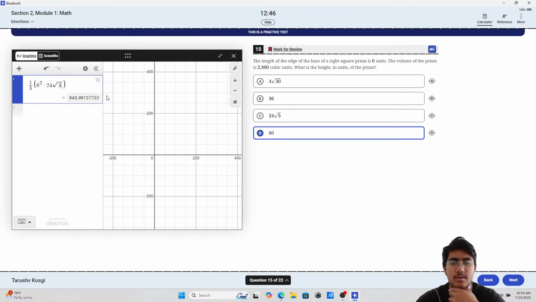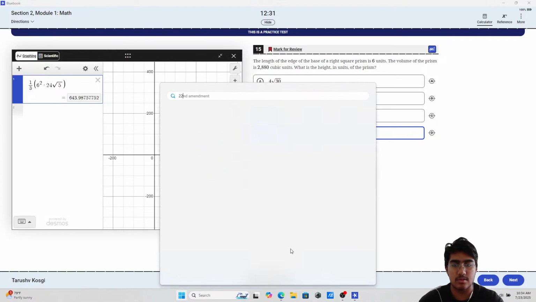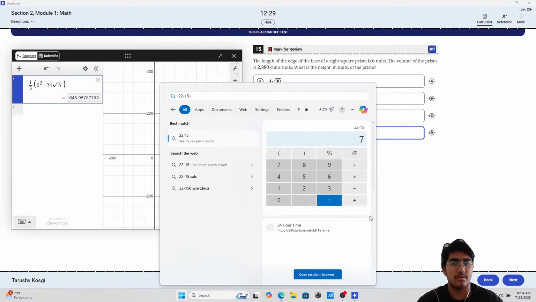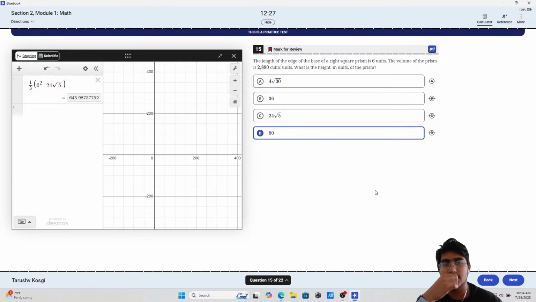Hold up. The length of the edge of the base is 6 units. So it's a right square prism. Wait, what's 22 minus 15? 7. Still a little time, but I probably don't want to be wasting it here.